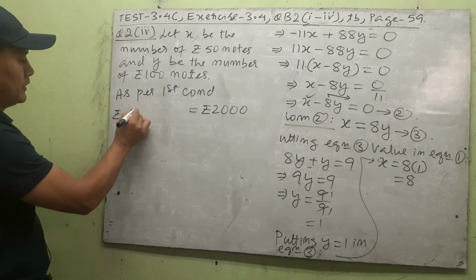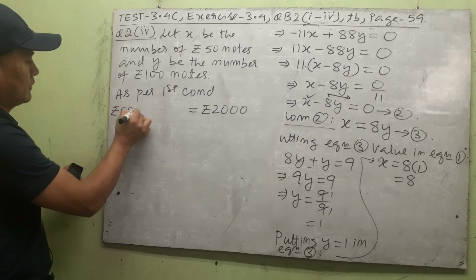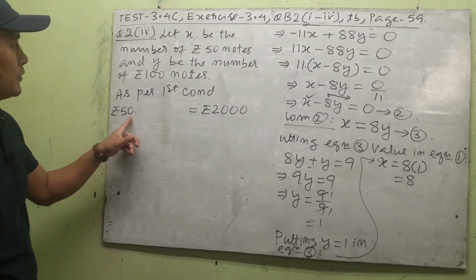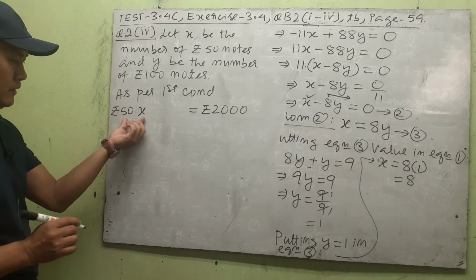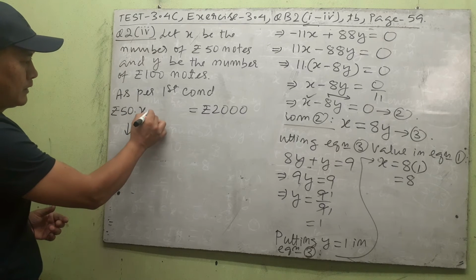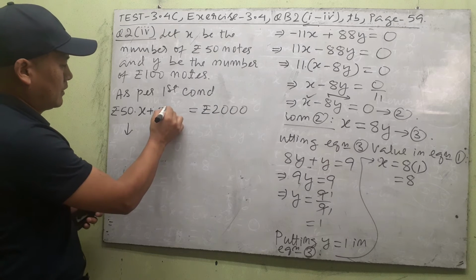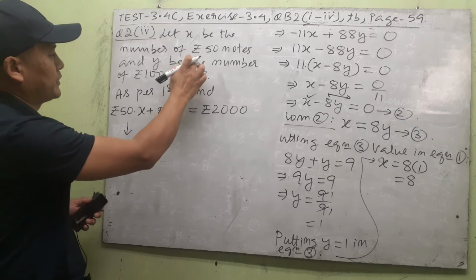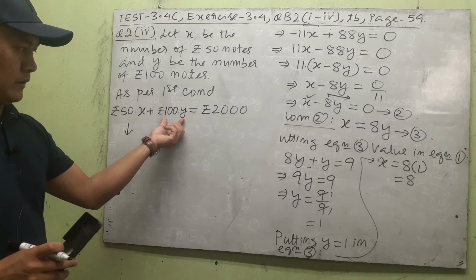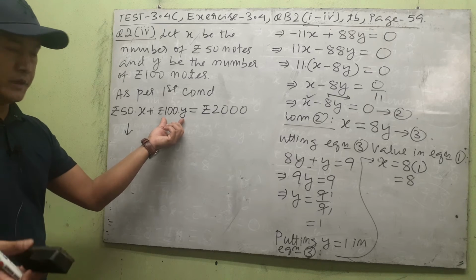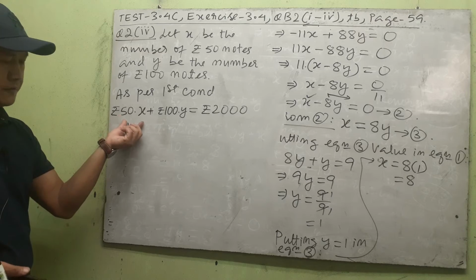Rupees 50 into the number of rupees 50 notes, X. So the number of rupees 50 notes she received multiplied by 50 is the total amount in rupees 50 notes, plus the other type of note, 100, into the number of rupees 100 notes, Y. Y multiplied by 100 is the total amount she received in 100 rupee denominations.